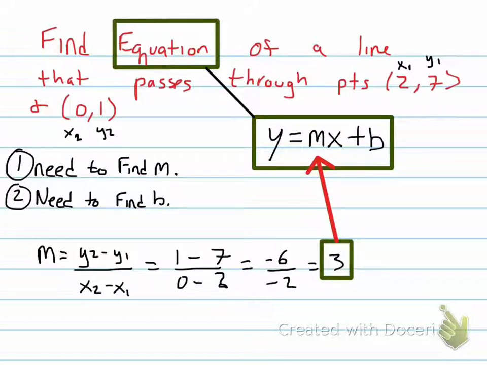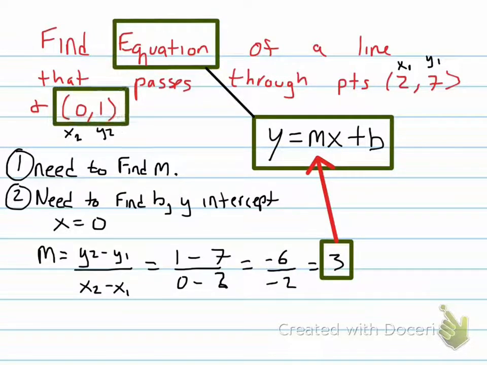So what is b? b is the y-intercept, where x is equal to 0. So I have my b in this problem, which is right here, because x equals 0.